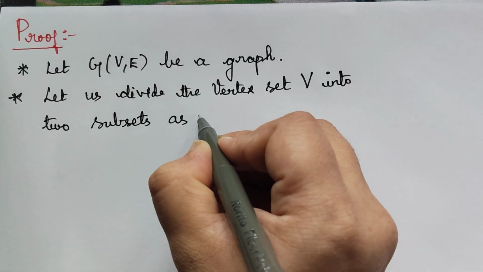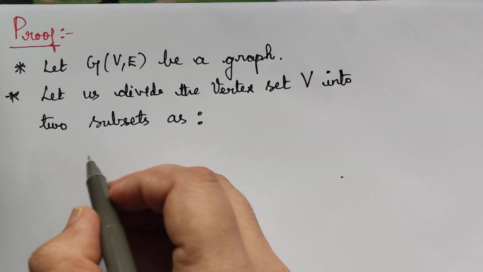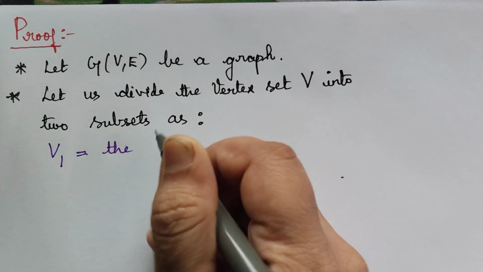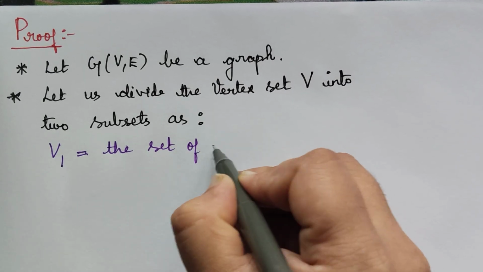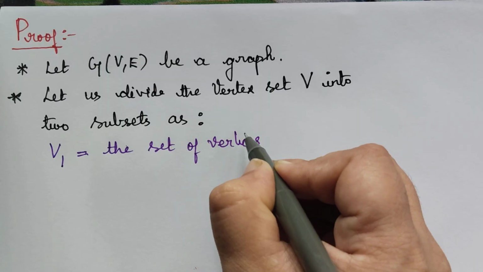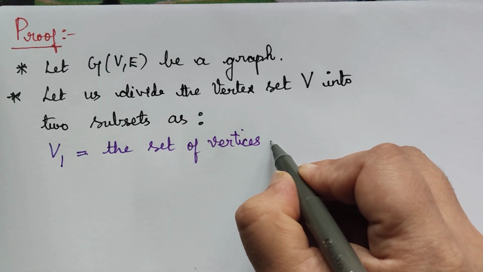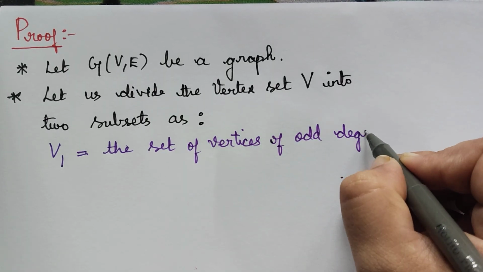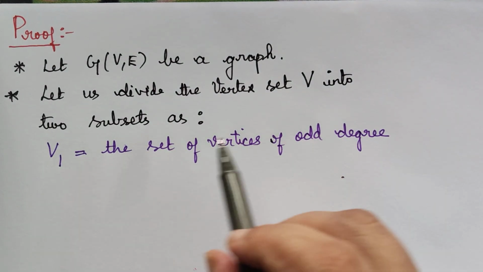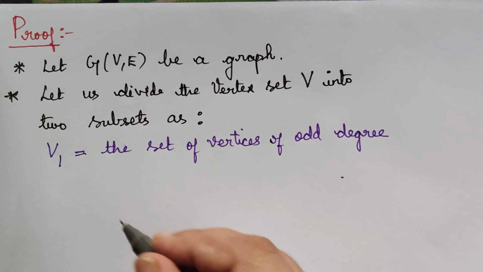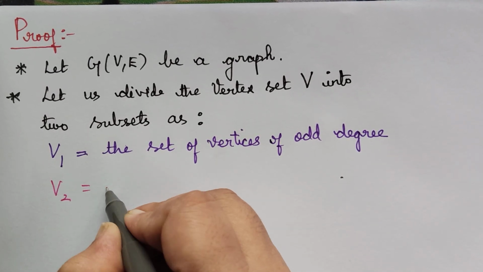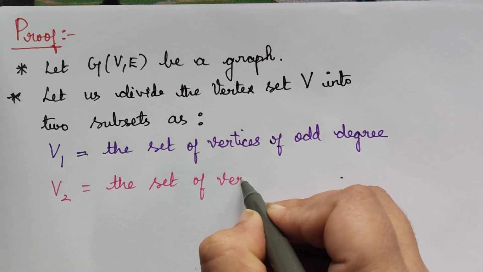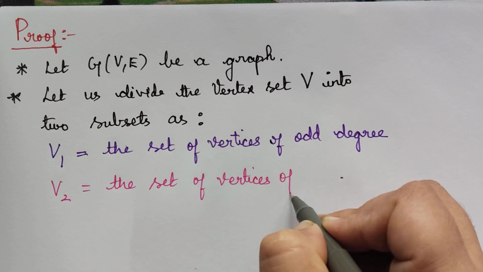What are they? First we will have subset V1. V1 will be the set of vertices of odd degree. So all those vertices with odd degree will come into the set V1. And then V2 is the set of vertices of even degree.